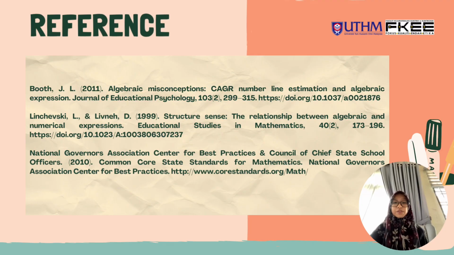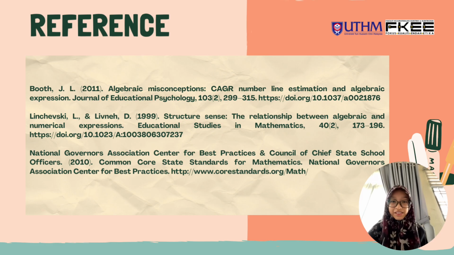Next, I'm going to explain about the references. As you can see, we had three references, that is the algebraic conceptation, CAGR number line estimation, and algebraic expression. So this was from a research, and we did state the DOI also.